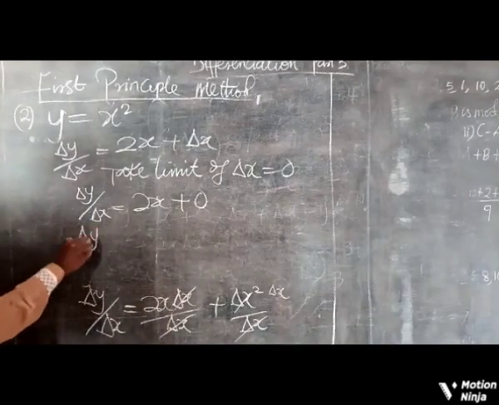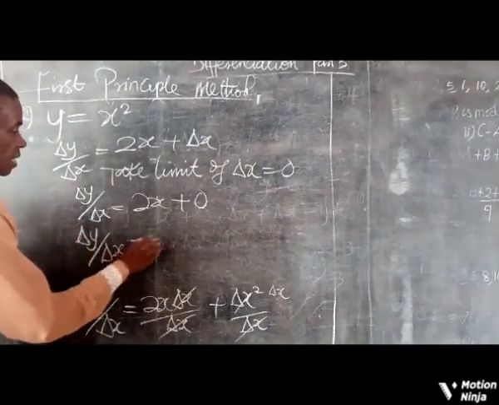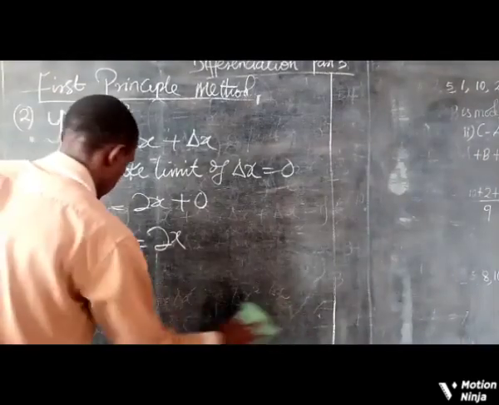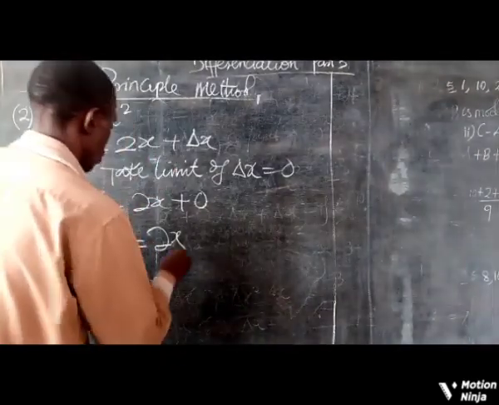What do we have left? dy dx is equal to 2x. Now if you recall that general method of differentiation, you will have your answer as 2x.